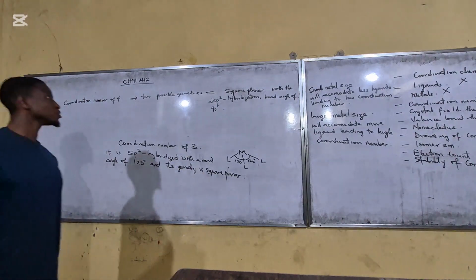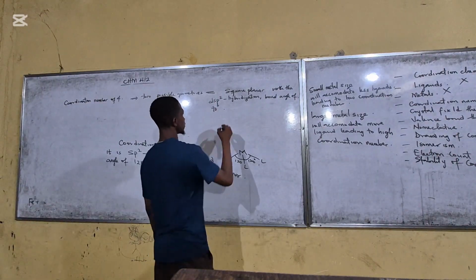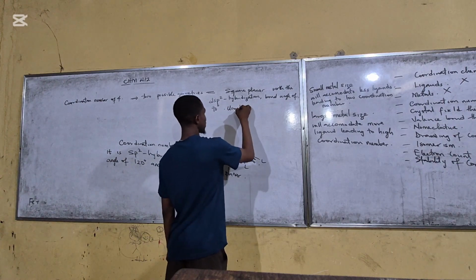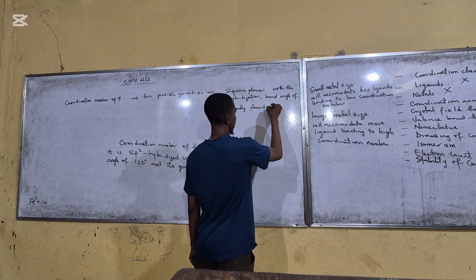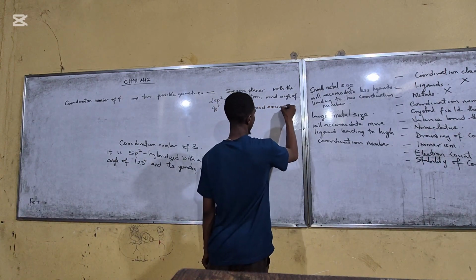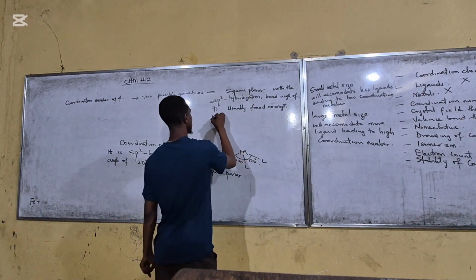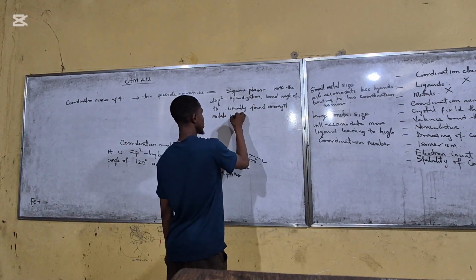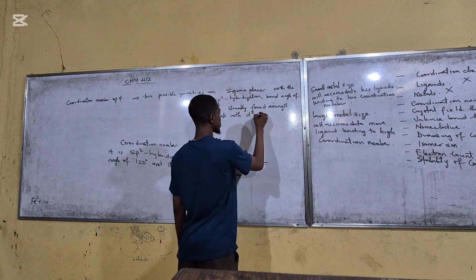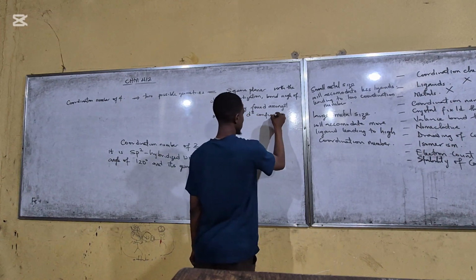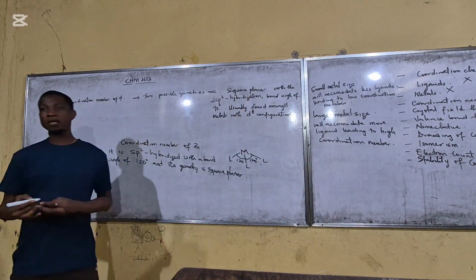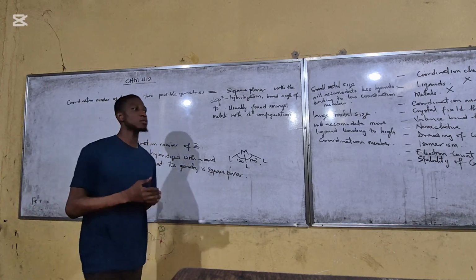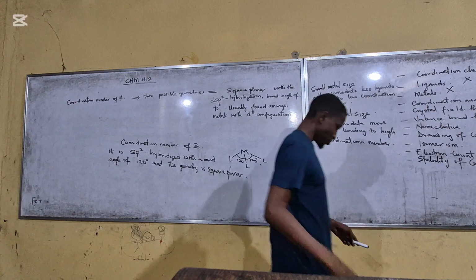Bond angle of 90 degrees, usually found amongst metals with d8 configuration. Usually found among metals with what? d8 configuration.